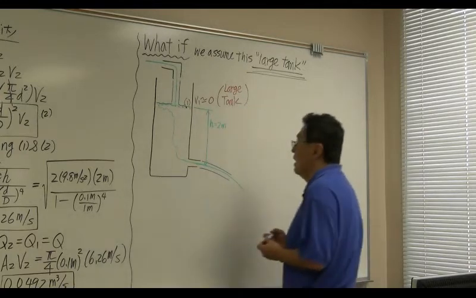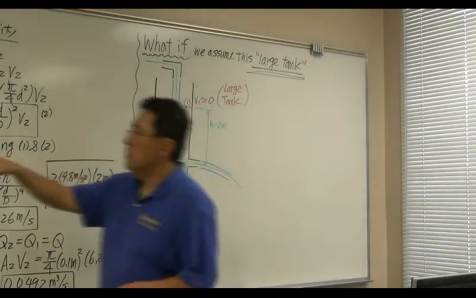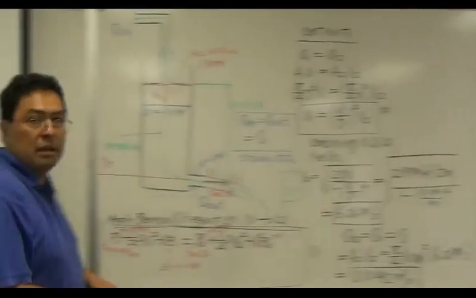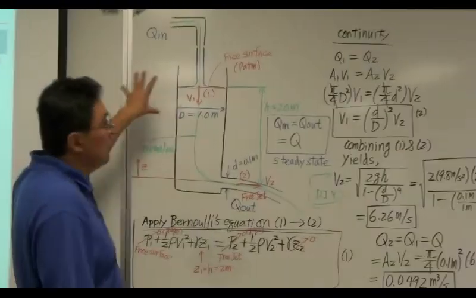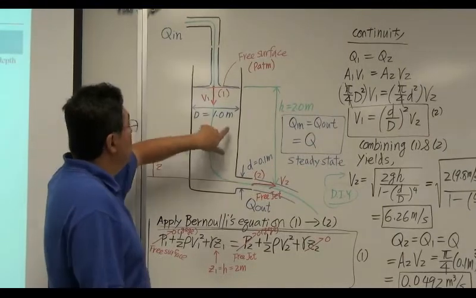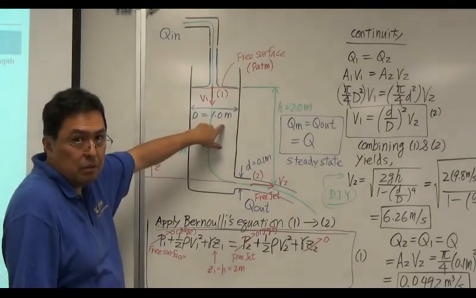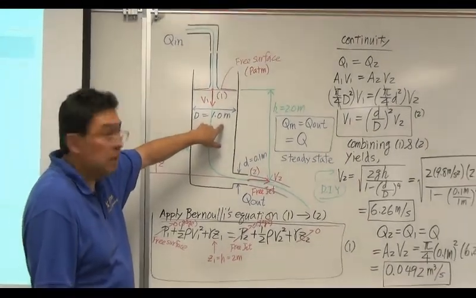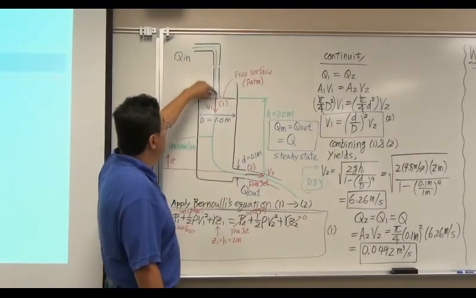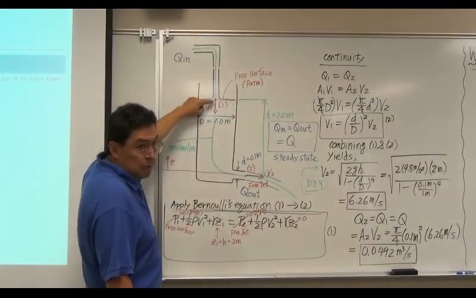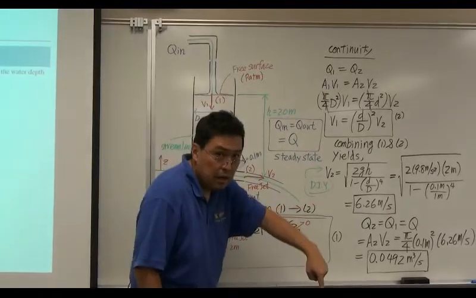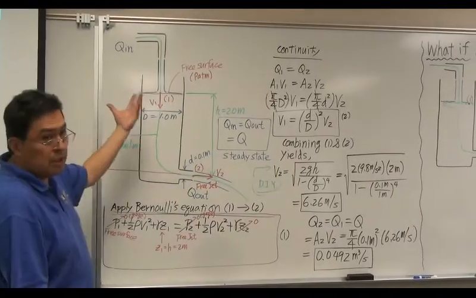Okay? Now let's go back to this original solution of mine. Now this solution, I didn't assume that way. This is not so large a tank. If the tank is not so large, what happens? When the incoming flow hits the surface, it immediately picks up the speed and flows away.